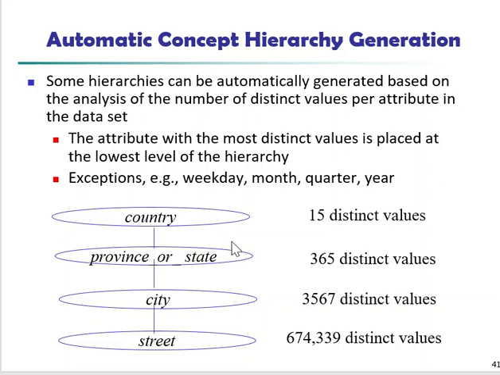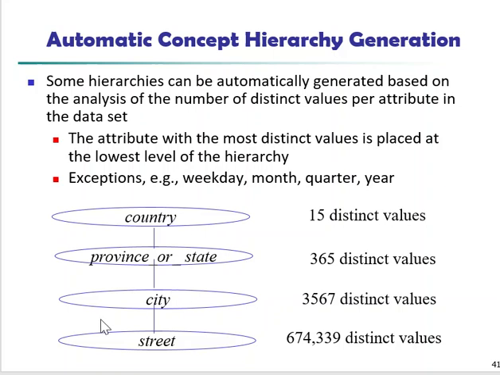This gives you some clue that maybe city covers streets and state covers cities. Many cities are in a state, a city can only be in one state, and a state has many cities.